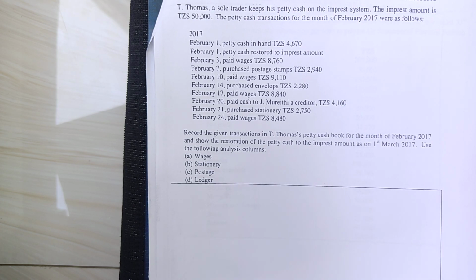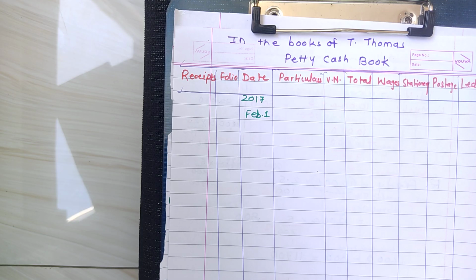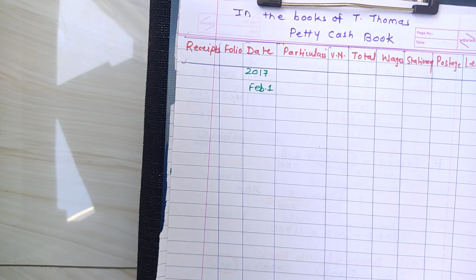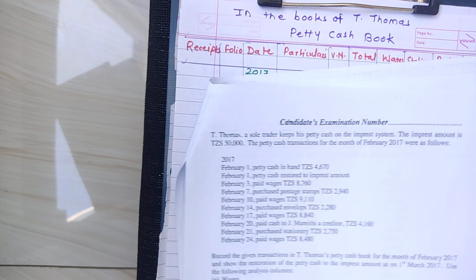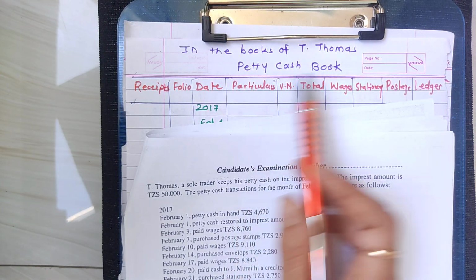So let's draw the petty cash book. Now here I have drawn the petty cash book. In the question it is given T. Thomas, the name of the proprietor, so you can give the heading in the books of T. Thomas petty cash book.